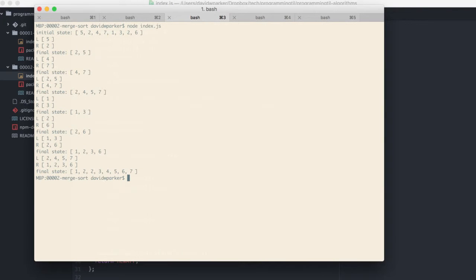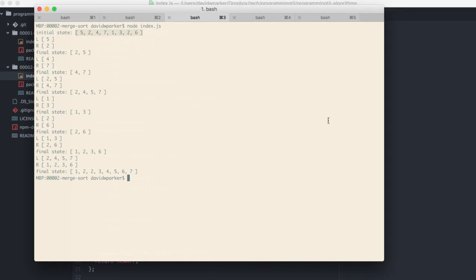So I've revisualized everything here and put it out as a console log. So we have this initial state of an array, and this is a divide and conquer algorithm, meaning we divide the original problem up into subproblems and then solve them individually as if they were the original problem and then combine their answers.